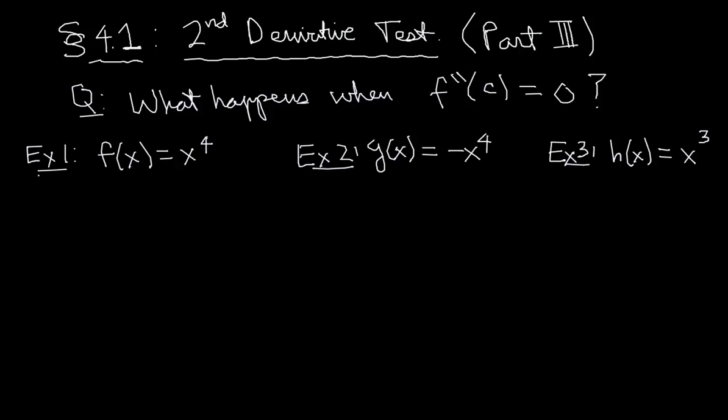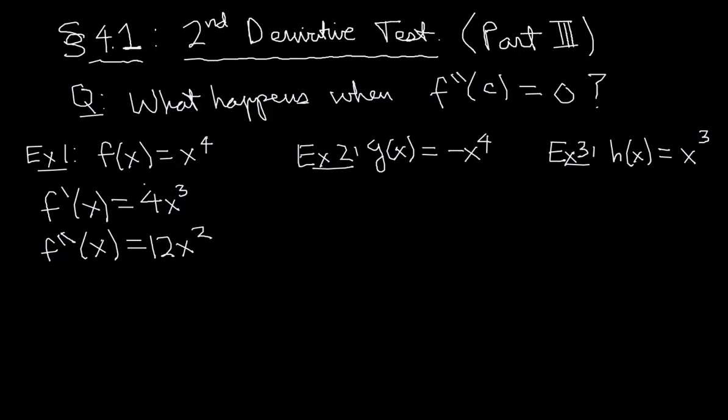So let's take derivatives here. For f prime, we're going to get 4x cubed. And for f double prime, we're going to get 12x squared. This means that our critical point, we want f prime to be 0, so that means x equals 0.